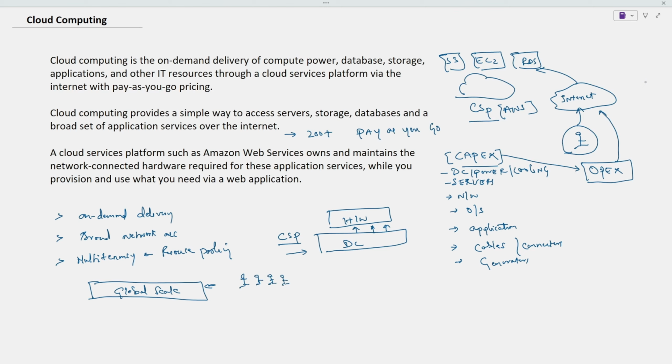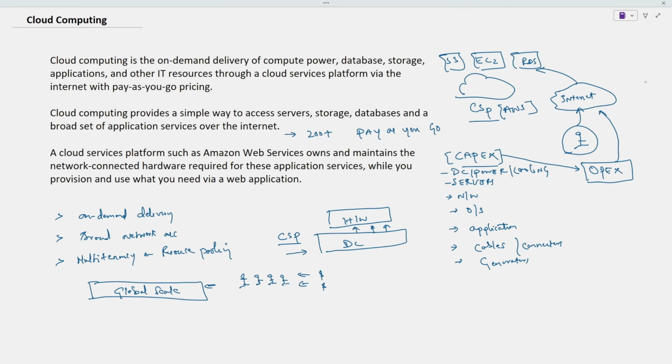Since multiple customers are going to use the resources offered by the cloud service platform, the cost of those services for the end user will be cheap, and also they will be able to procure the hardware at a lower cost.